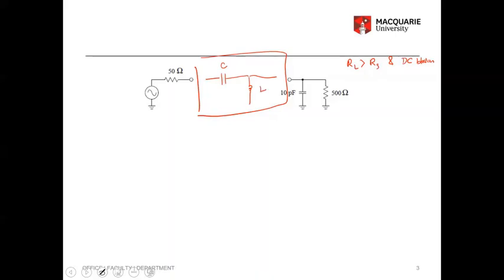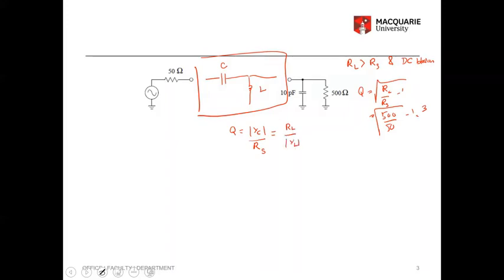The first thing always starts with finding Q. Q is given by the square root of RL over RS minus 1. In this case, 500 over 50 minus 1, so that's 3. The other design equation is Q equals XC divided by RS equals RL divided by XL.